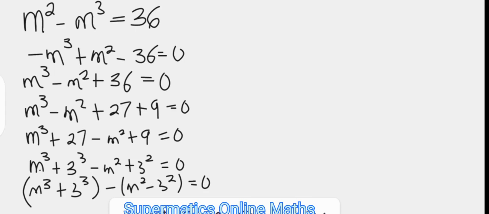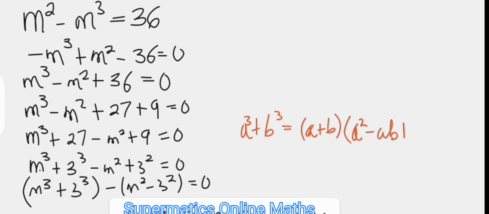Then we make use of the fact that the sum of cubes, generally a cube plus b cube, can be factored as the product of a plus b and a squared minus ab plus b squared.